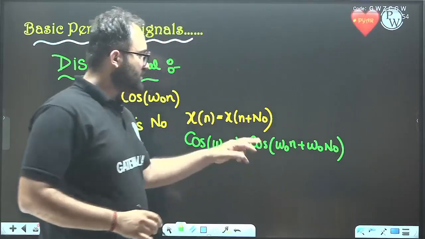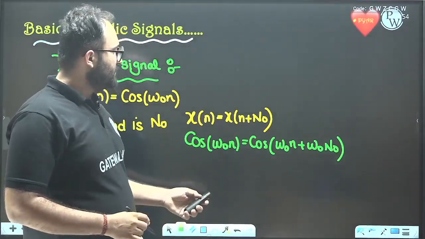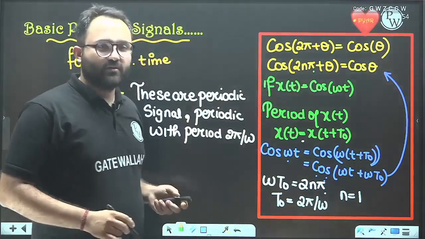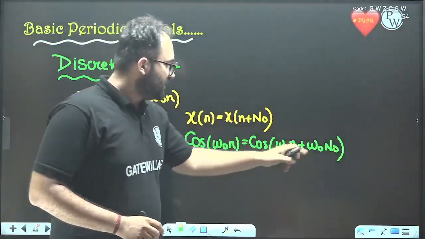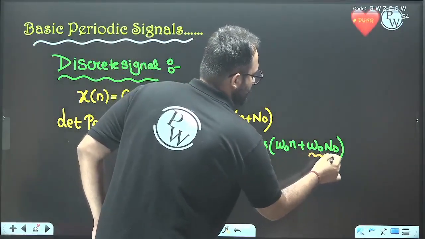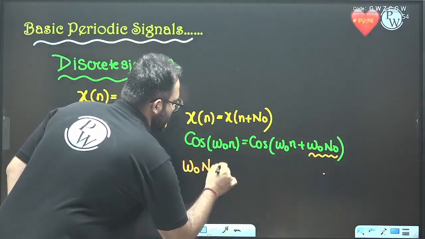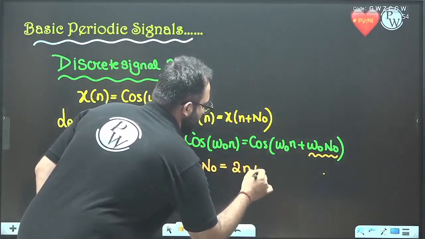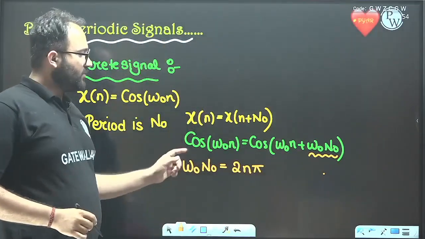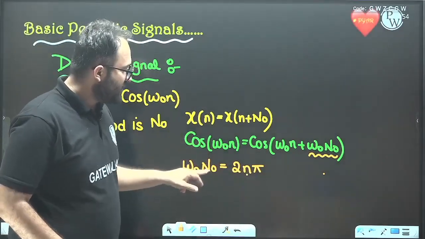Now using the same condition that we have used in the previous slide, we can say that omega naught N naught is equal to 2 n pi, where n is an integer, and N naught is an integer.